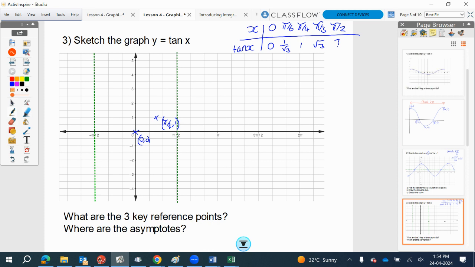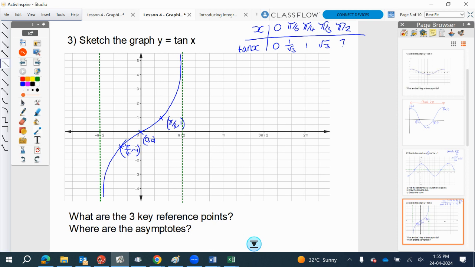It then gets reflected because in this particular quadrant, the sine value is negative while the cosine value is positive. So it's going to go through here at minus pi over 4, minus 1. And then it'll approach the asymptote. So the general shape for this looks like this.